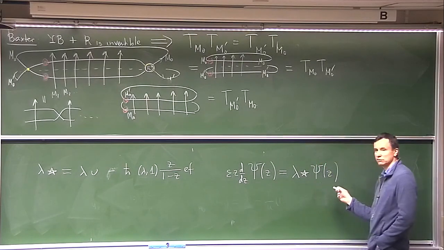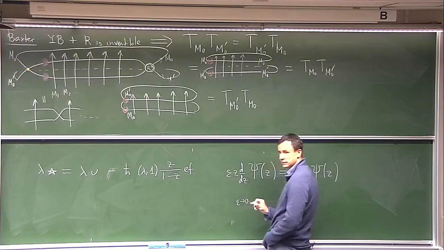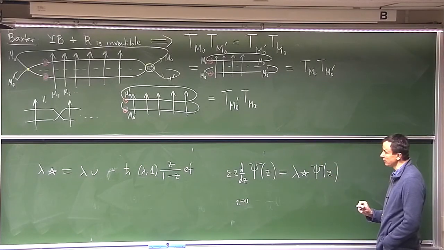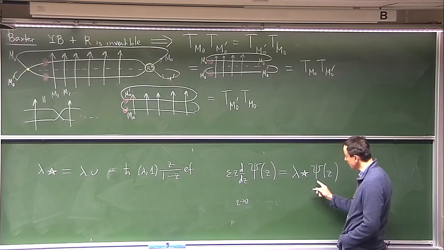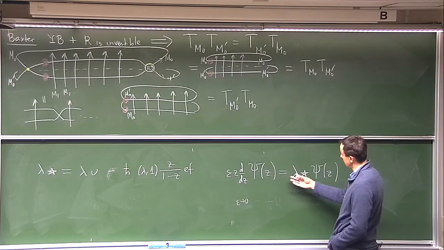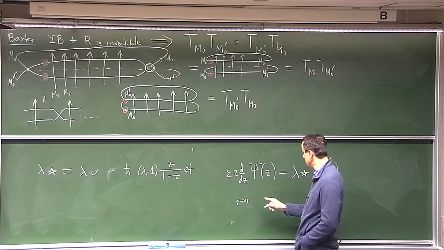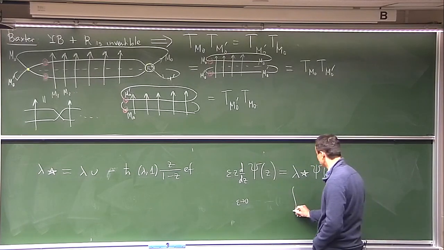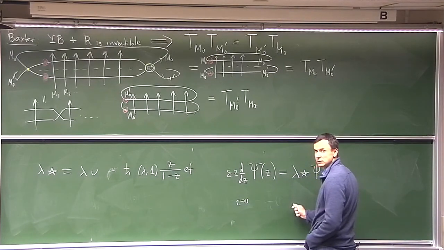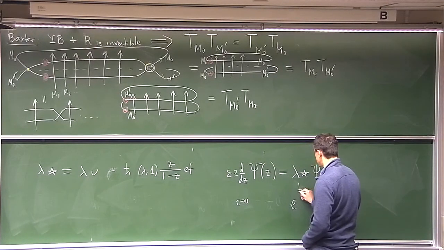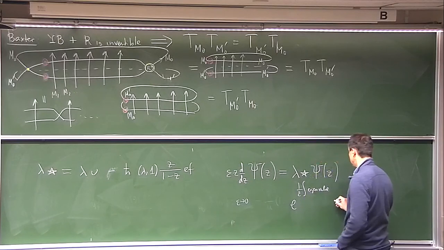Suppose you have an equation of this form, and epsilon goes to 0. Then the coefficient in front of the derivative goes to 0, and the solution is going to look like exponential of 1 over epsilon times the integral of the eigenvalue, times the eigenvector.